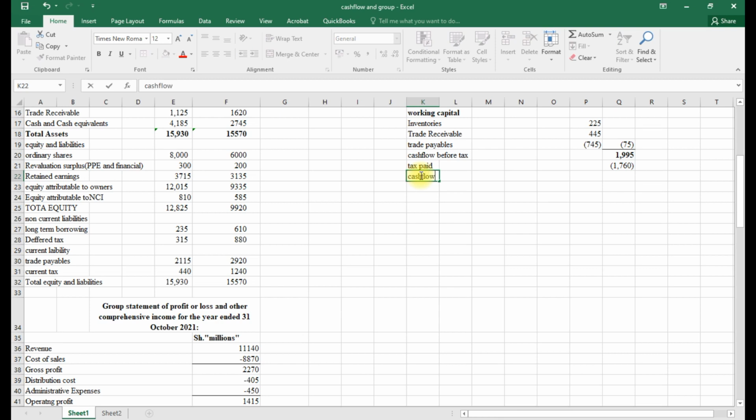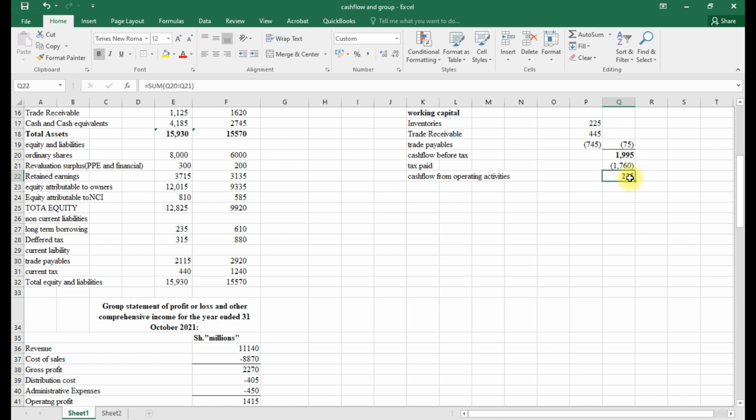We get our cash flow, and cash flow from operating activities. Cash flow from operating activities, Alt equals the sum of the two, Alt equals the sum of these two, and I enter that way.